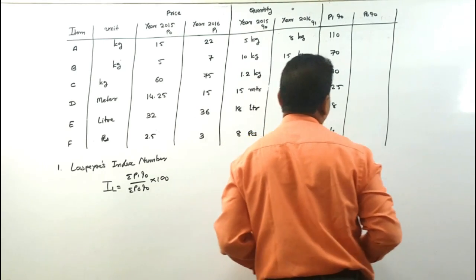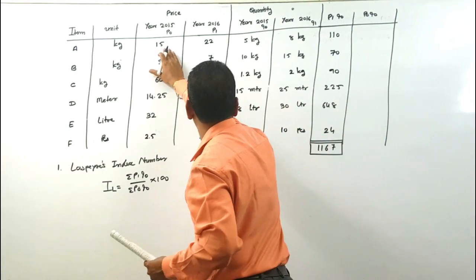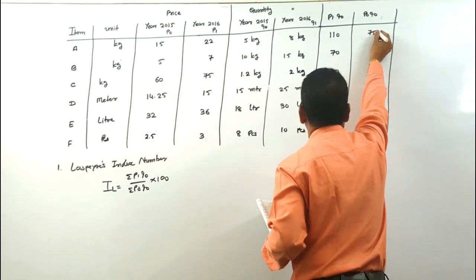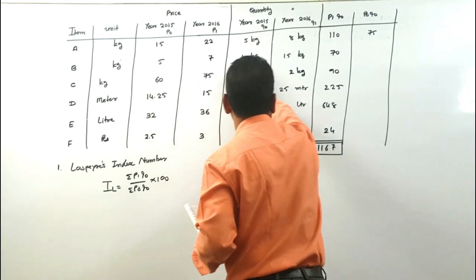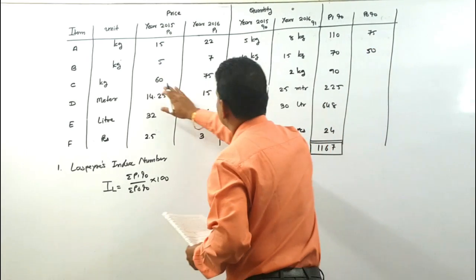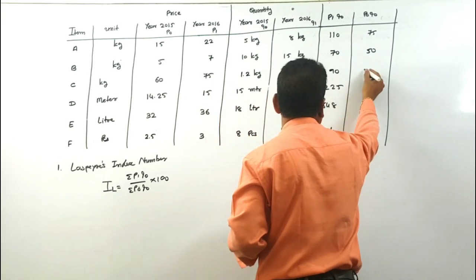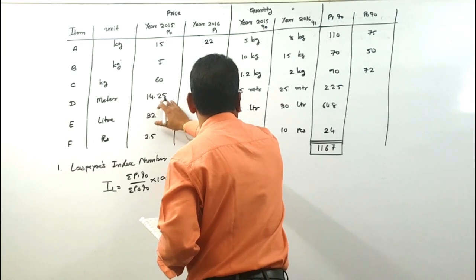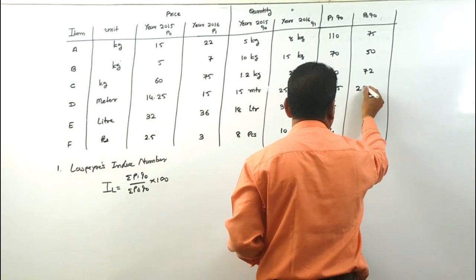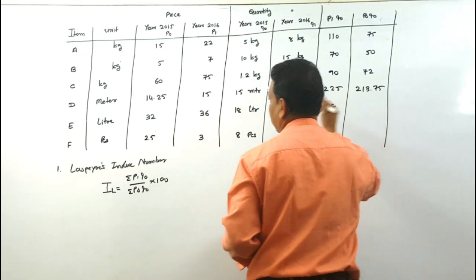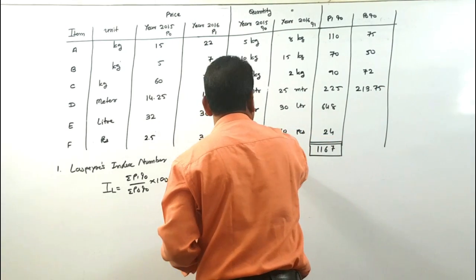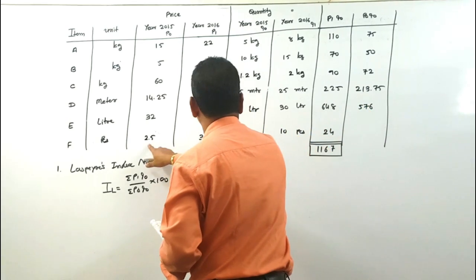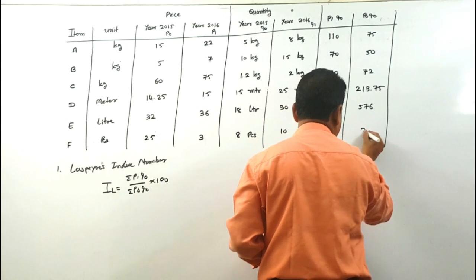Now, to make the next column, P0 Q0. So here we have P0 and this is your Q0. 15 into 5, it is 75. 5 into 10, it is 50. 60 into 1.2 is 72. 14.25 into 50, it is 213.75. 32 into 18, it is 576. 2.5 into 8, it becomes 20.